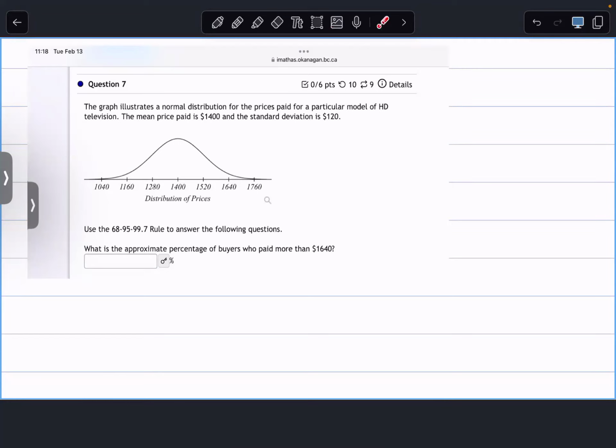Where am I? So we've got a normal distribution for some television, TV, some people call it. The mean price is 1,400 and the standard deviation is 120, and it looks like they've already done the work for us, right? Moving out one standard deviation each time. Correct me if I'm wrong, but it looks like it to me. Okay, and so what does that mean?